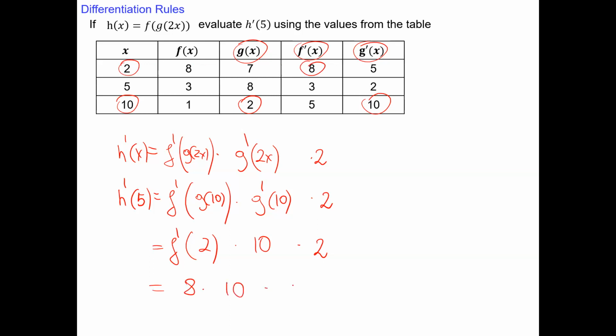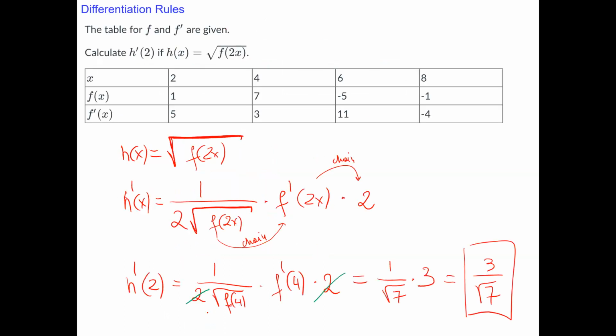Okay, 8 times 10 times 2, 8 times 2, 16, 160. Beautiful. Another chain rule, but I solved it for you. Please make sure that you follow this, or you may take slightly different steps, but the final answer has to match.